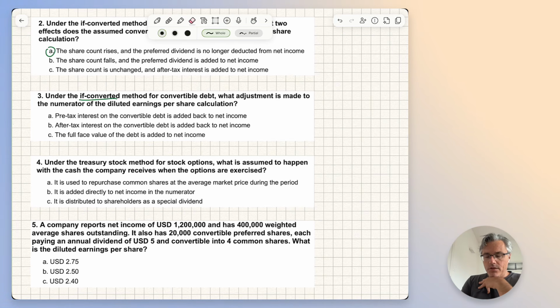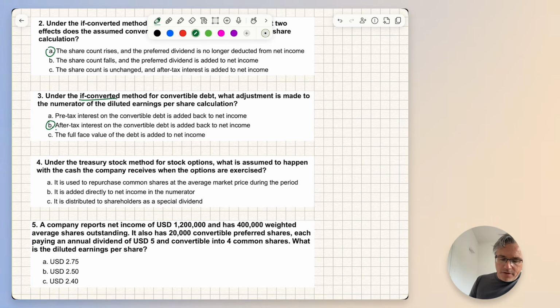If you assume that convertible debt stops being debt and becomes ordinary shares, you no longer pay interest. Now, interest by default is already in the net income computation. So what actually happens is you need to add the interest back to net income to show that it is no longer being paid. But remember, we always do it on an after-tax basis.